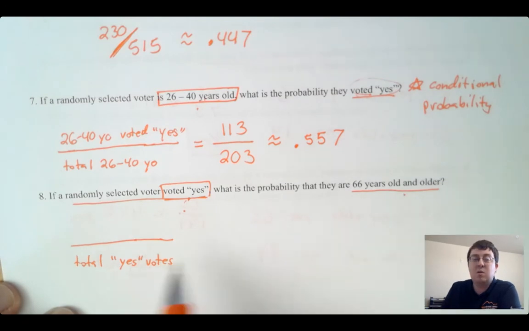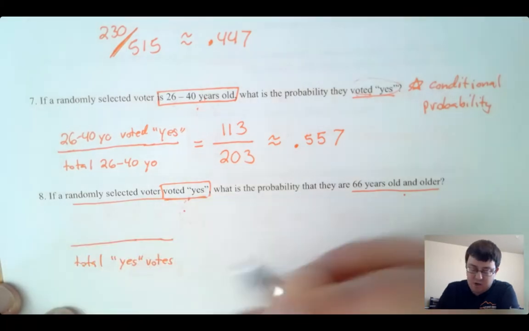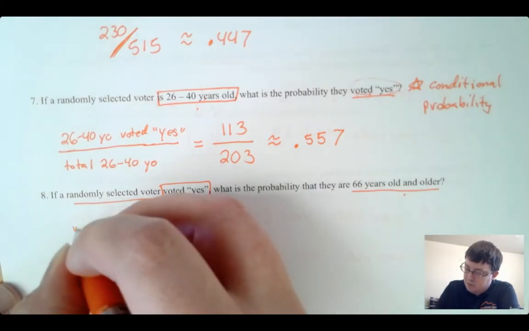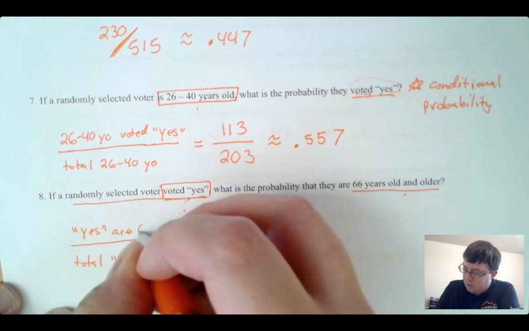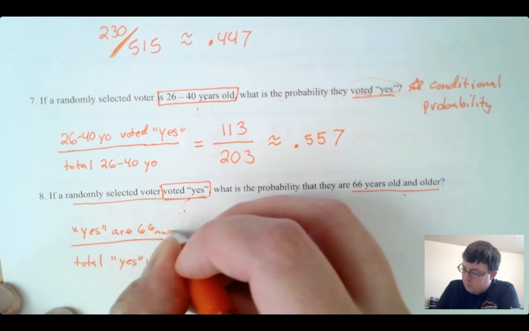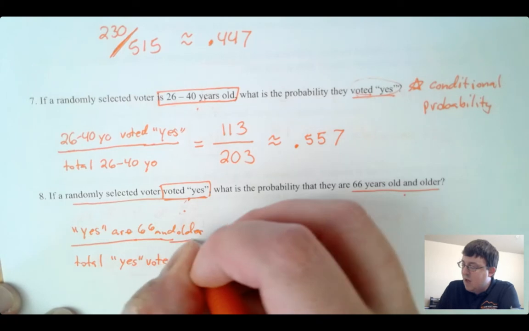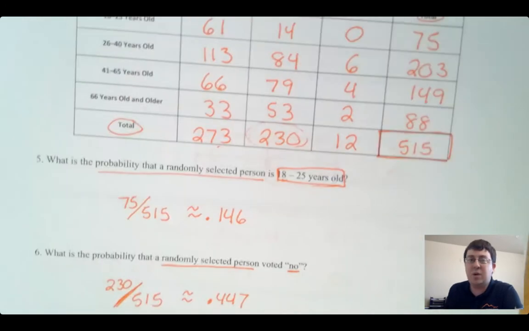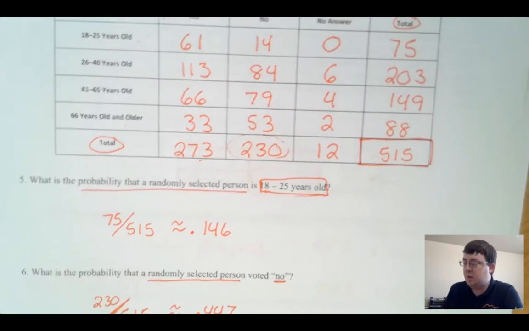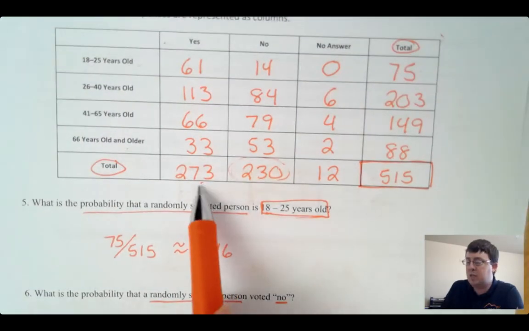So my total yes votes, and my numerator is going to be the yes votes that are 66 and older. So out of the total yes votes, how many of them are 66 and older? Well, my total yes votes, if I look at my thing here, are 273.